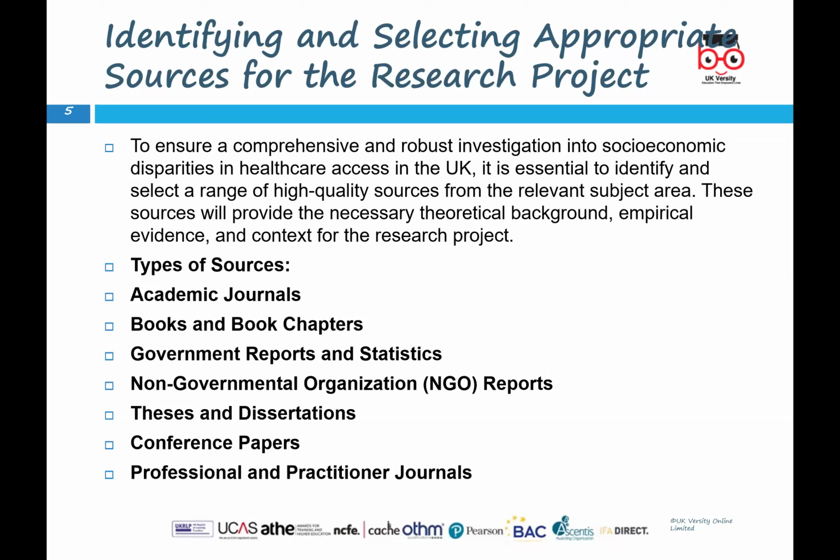In order to ensure that you've had a comprehensive investigation, so you've not left anything behind, and it is robust, say you're looking into the socio-economic disparities in healthcare access in the UK, it is very important that you identify and select a range of high quality sources from relevant subject areas.